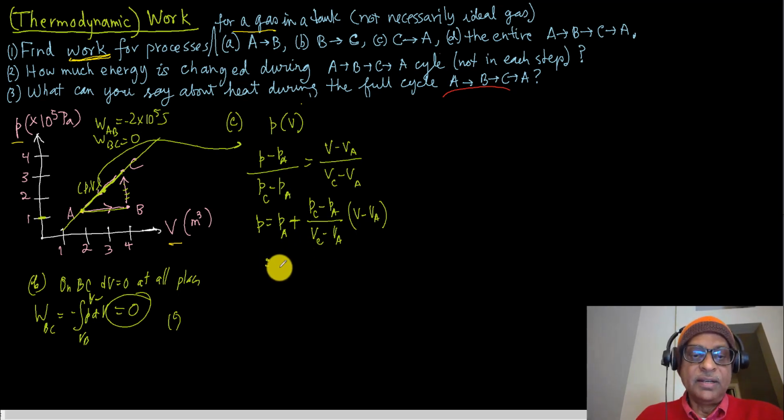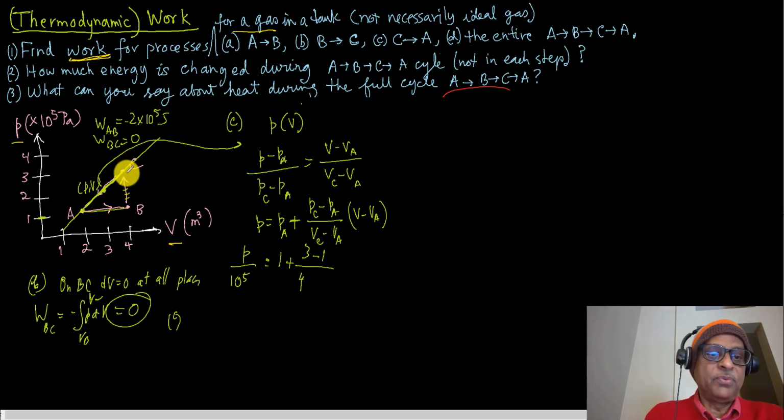Divide everything by 10 to the power 5, just to keep the numbers small. PC is 3, PA is 1, and VC is 4, and VA is 2.